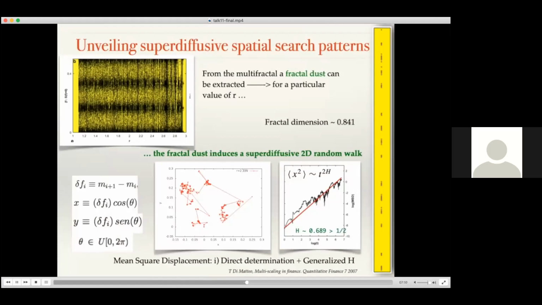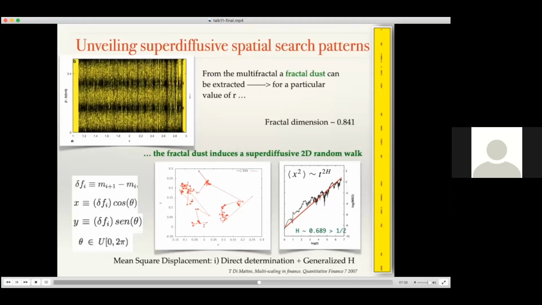How? Well, first calculating the distance between two successive points that we call df, and with that value we produce coordinates x and y on the plane and assign an angular deviation coming from a uniform distribution in an interval 0 to 2π.